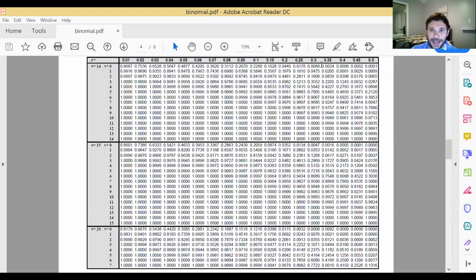Note I have the binomial table pulled up here for the situation that we're looking at. And you'll notice the table is very, very big. There's like 8 pages of it. So I'm specifically looking at the one that corresponds to exactly 20 trials here. And we had a success probability of exactly 0.1, that's up top.